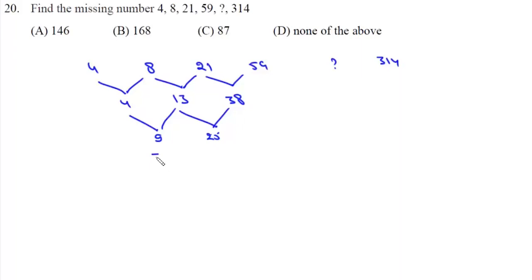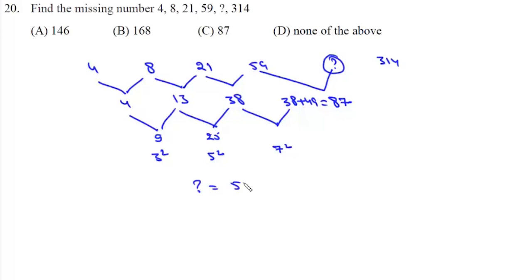So the differences are 3 square, 5 square, and so for the next one, the difference will be simply 7 square. So this number here will be 38 plus 49, which is 87. Now 59 plus 87 will be this missing number. So this missing number will be 59 plus 87, which is 146, and that's your option A.